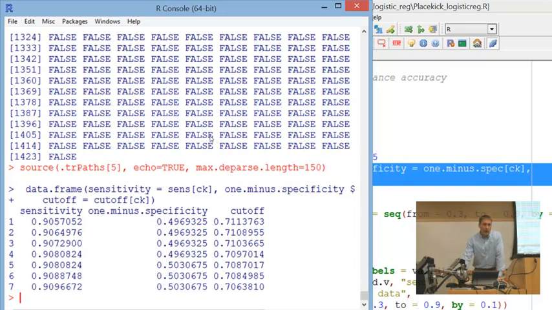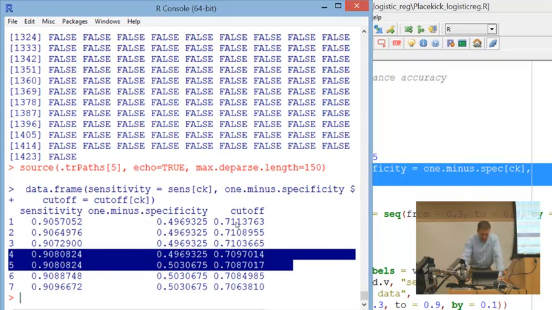So again, if I wanted a 1 minus specificity of 0.5, notice I don't get it exactly, but I do get two things that are very close. What this says is if I want a 1 minus specificity of 0.5, I should choose a cutoff probability of about 0.71. And that gives me a corresponding sensitivity of about 0.91.